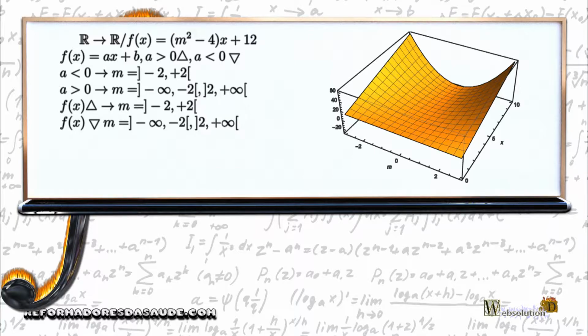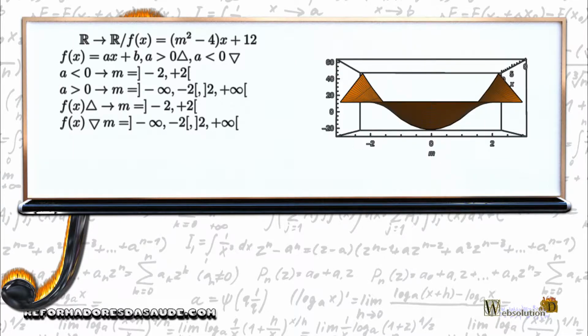Note that when m is from negative infinity to minus 2 and from 2 to positive infinity, even if x increases in value the equation m squared minus 4 has positive values, being an increasing function.